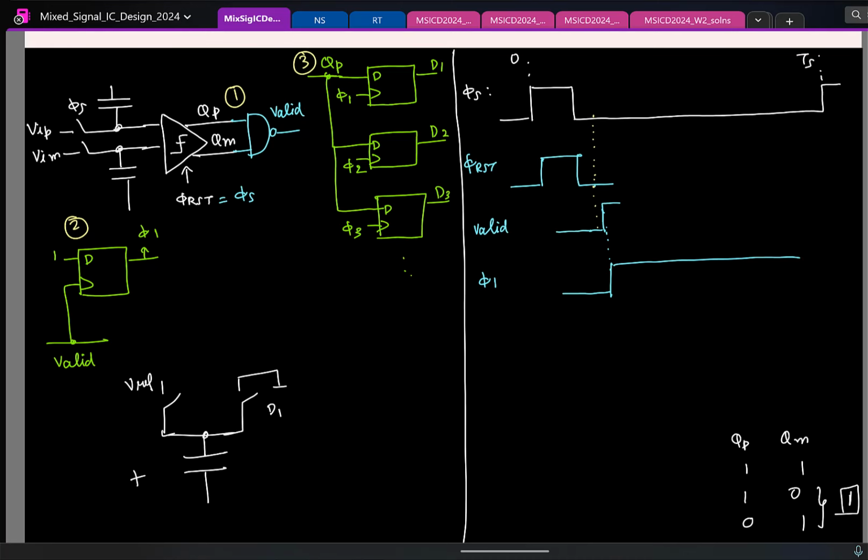So it is not just enough to feed D1, we should also detect when the first comparison is done. So which of the clocks here tells me when the first comparison is done? Valid and phi 1, but remember valid will go high every time you fire a comparator. So next time when you do the second comparison, valid will go high. So phi 1 is the clock, so you basically AND it with phi 1.